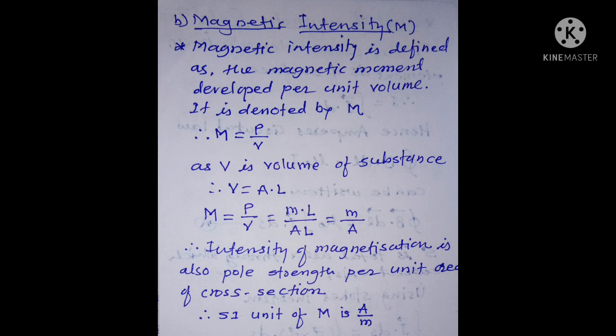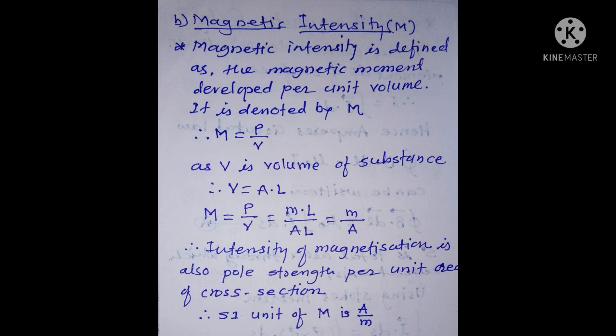Therefore we can write capital M is equal to P divided by V, where V is the volume of substance, and volume is equal to area multiplied by length, where capital A is the area and capital L is the length.